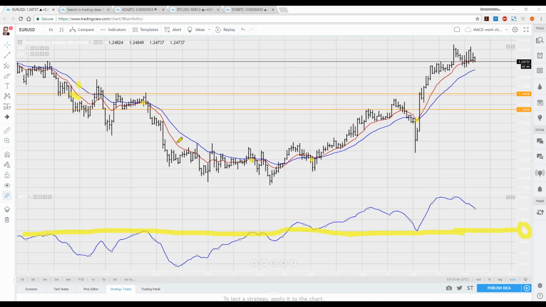When the 26-day moving average crosses over the 9-day moving average, the difference would be negative. When it crosses above, the difference would be positive.